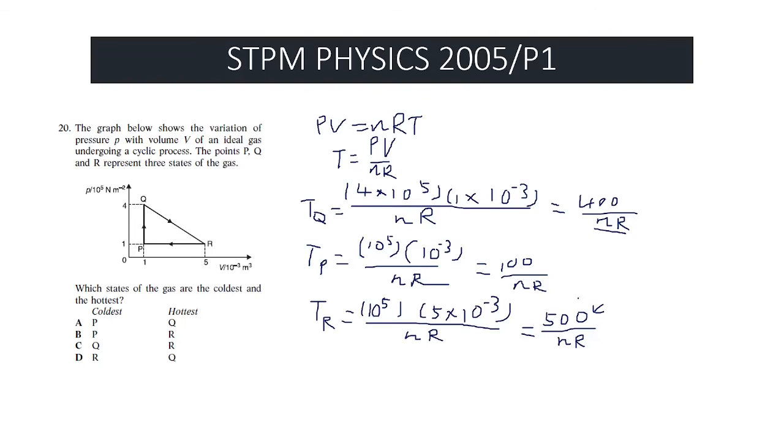So we have 500. This is the highest, hottest. So this is R. Now we take a look at the coolest. Coolest should be this 100 here. So this P is coolest. So the correct answer is B.